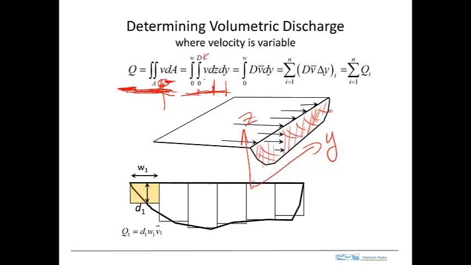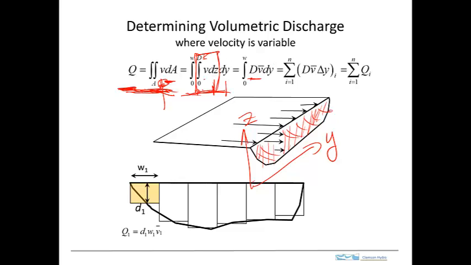But what we can do is say, this thing here, if we look at what that is, that's the depth times the average velocity. Okay, that integral we can recognize as depth times average velocity.